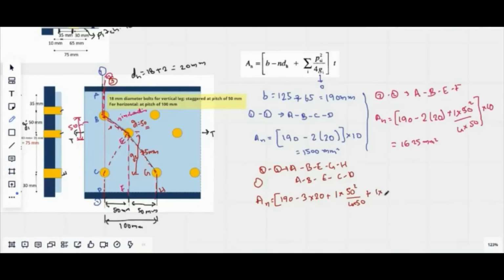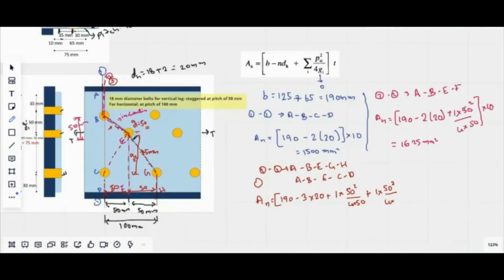So the gauge distances are different in this case. 50 square, the pitch from E to H or F to D, both the pitch in the cases is 50 mm, divided by 4 into gauge 2 in this case.